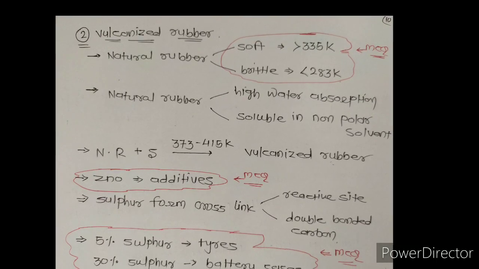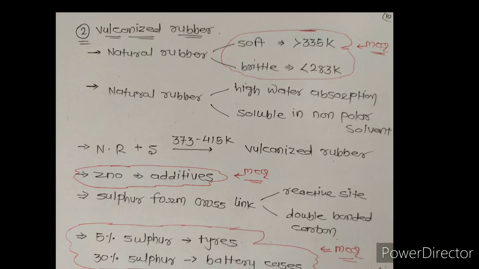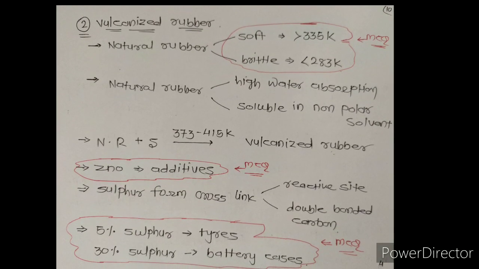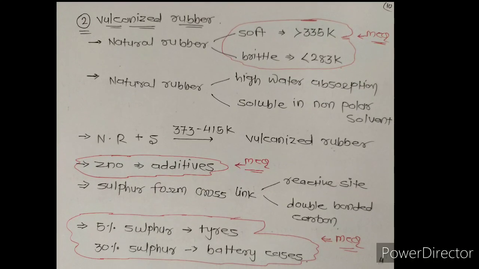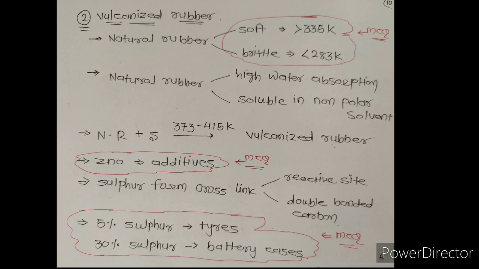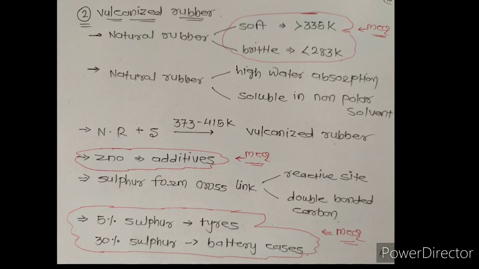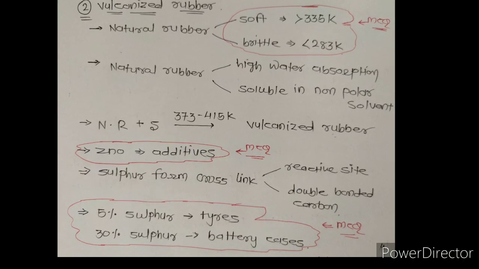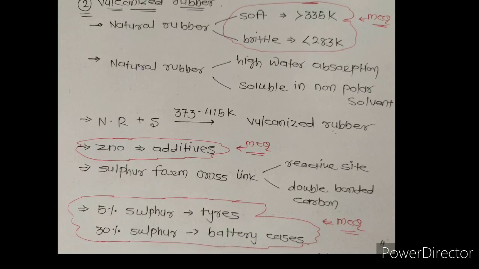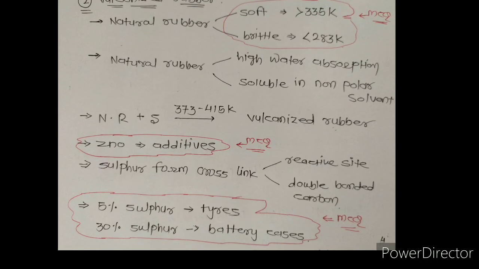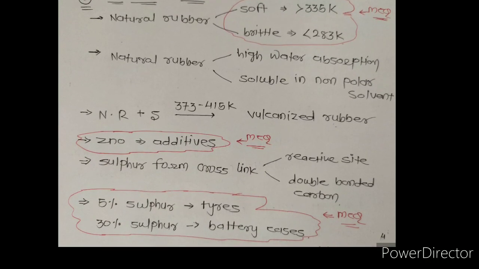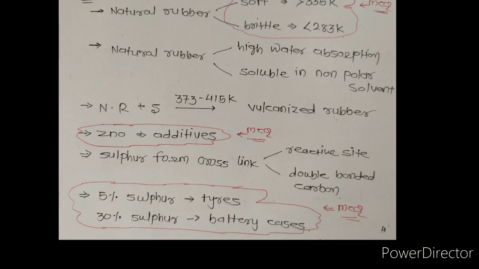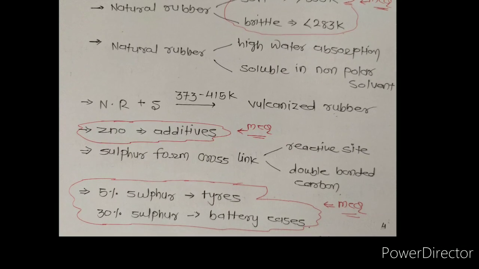Natural rubber possesses high water absorption capacity and it is easily soluble in non-polar solvent. When natural rubber is mixed with sulfur and heated at 373 to 415 Kelvin temperature, then the rubber obtained is called vulcanized rubber, and this reaction is called vulcanization of rubber.